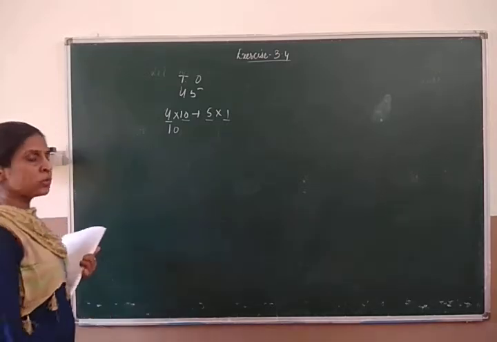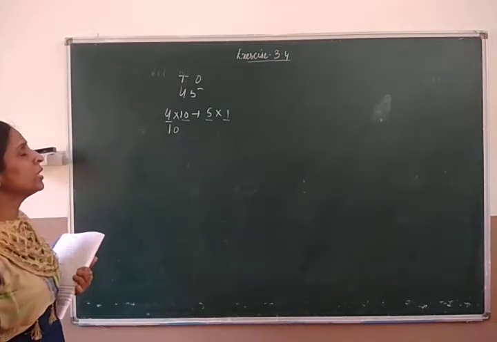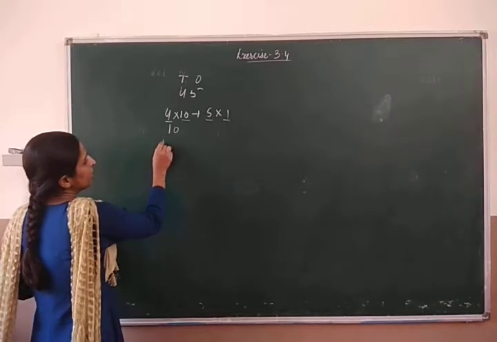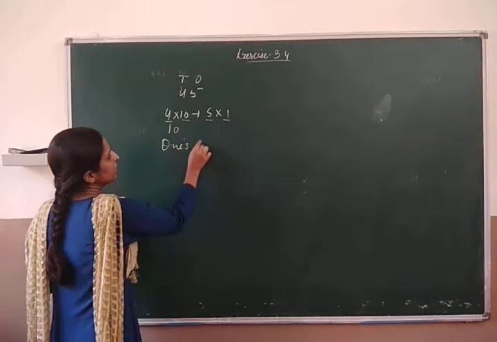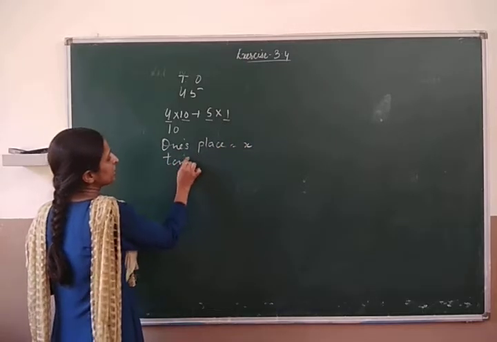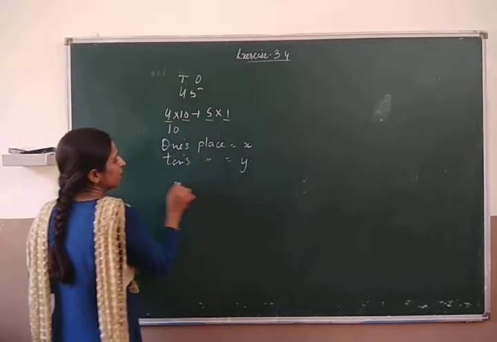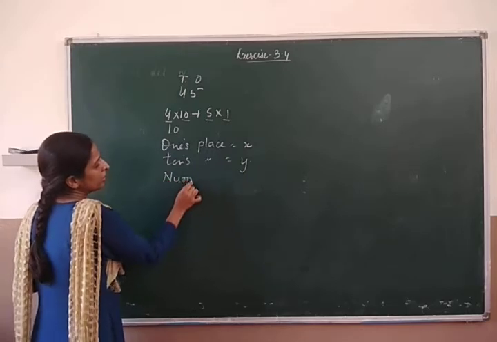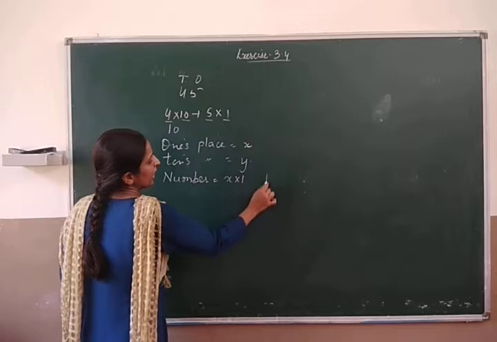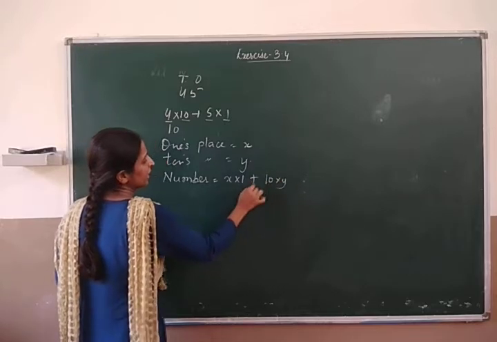So what we are supposed to do is when we are doing sums with two-digit numbers, one digit at ones place digit is x and tens place digit is y. Then how will you get the number? Number is ones place you multiply with 1 and tens place you multiply with 10 and add.